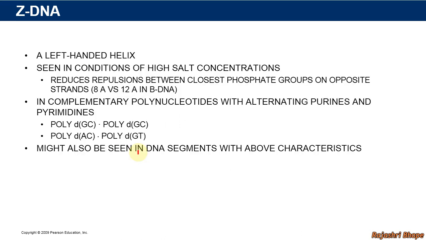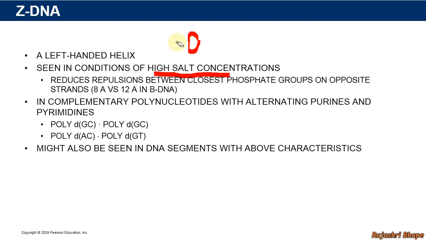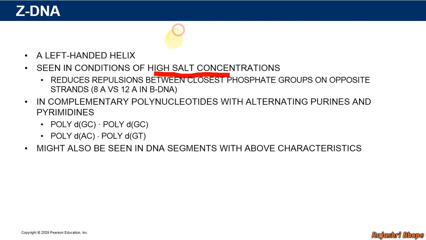Now this zDNA is a left-handed helix seen in conditions of high salt concentration, mostly present in extremophiles.